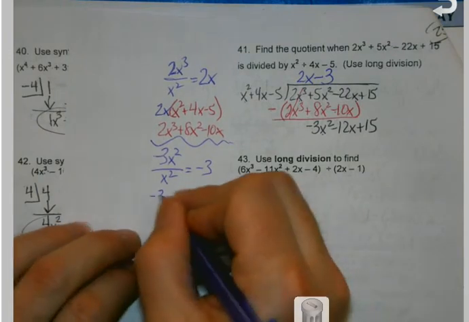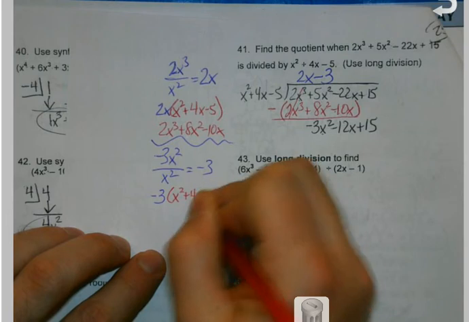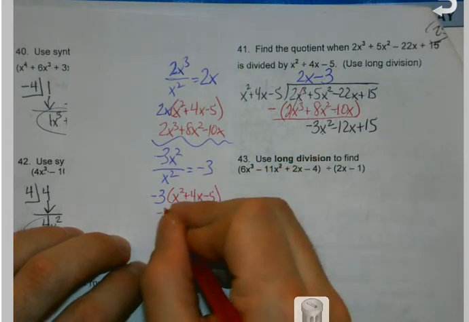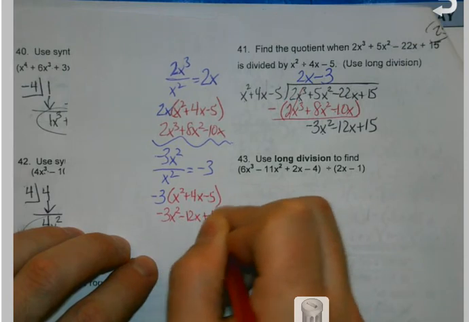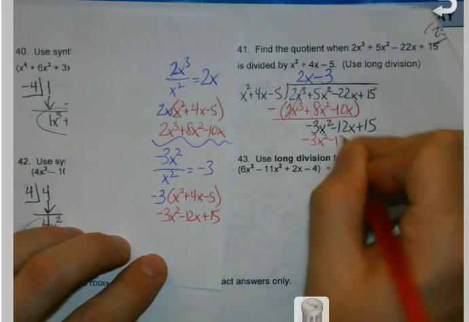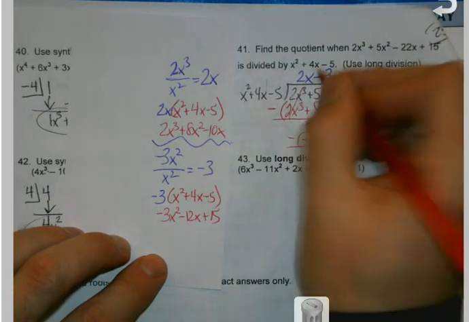Take that value, distribute it through to your divisor. Be very careful to watch for signs. And I notice I get the exact same thing, so when I subtract it, I have no remainder. I'm done.